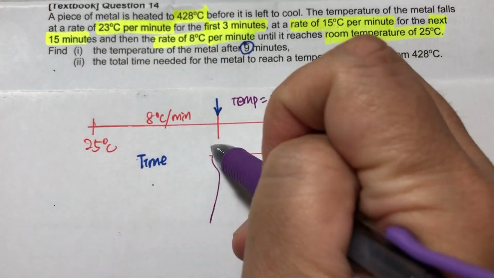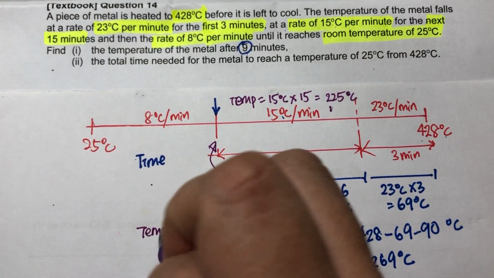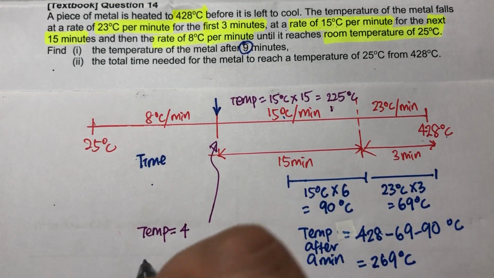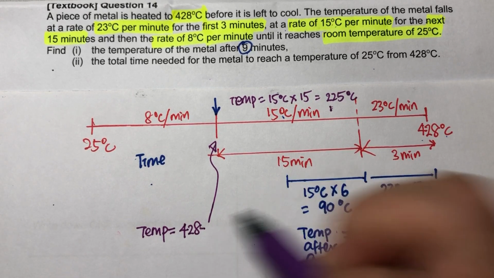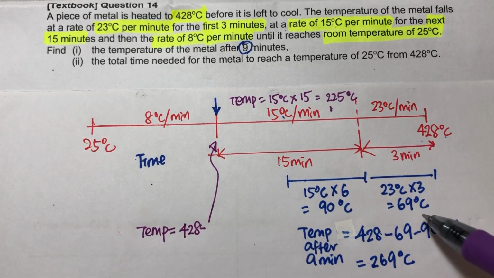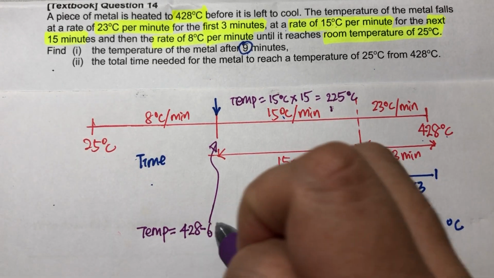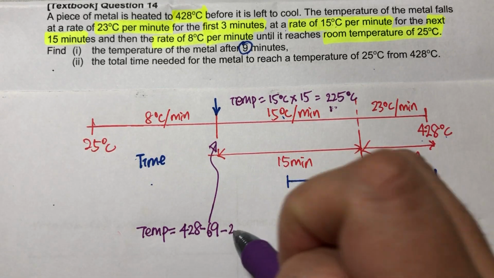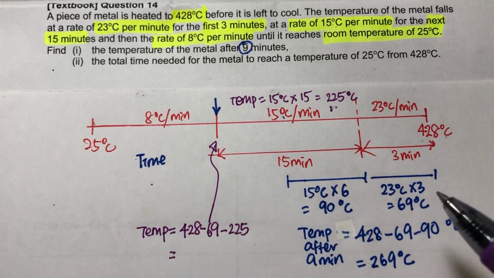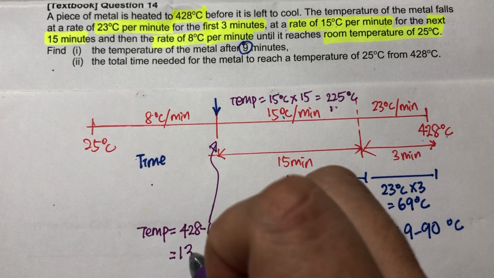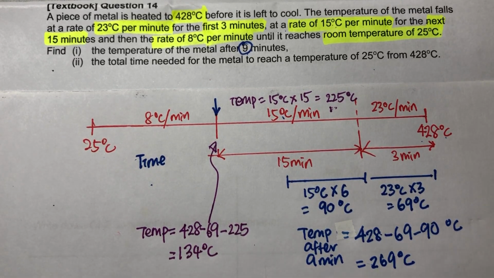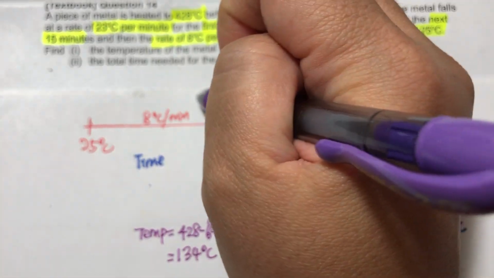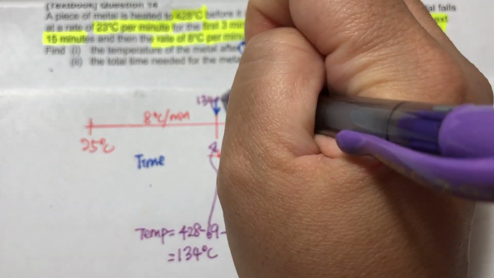Okay, so the temperature would be 428 degrees Celsius minus the temperature here, which is 69, and then minus this temperature, which is 225. That will give us 134 degrees Celsius. So it means that the temperature here is 134 degrees Celsius.